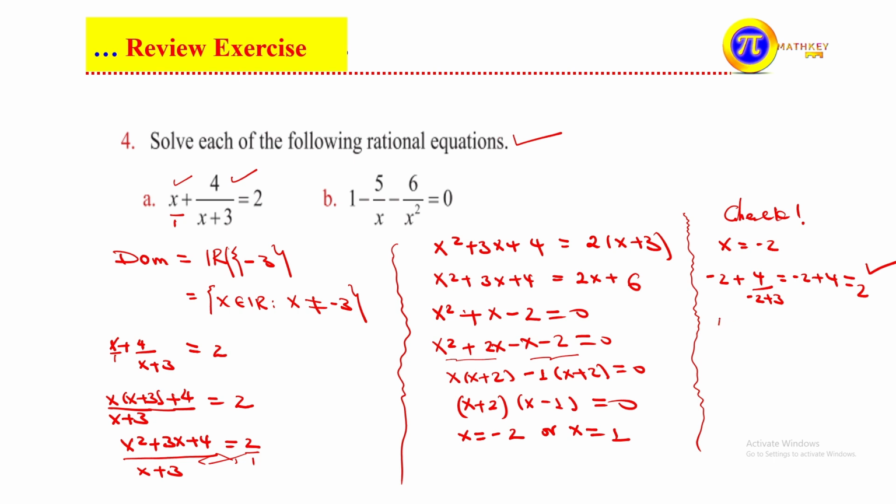This becomes 1 plus 4 over 1 plus 3 ይሆናል, which is equals 1 plus 4 over 4 means 1 ስለሆነ 1 ሲደመር 1 ምን ይሆናል 2 ይሆናል, yes it is correct. Therefore the solution for this one is x is equals negative 2 or x is equals 1.